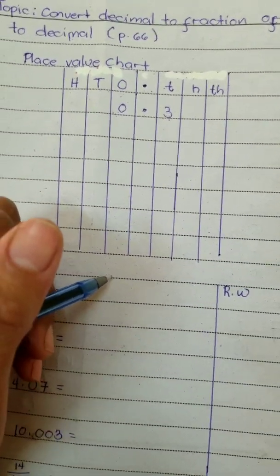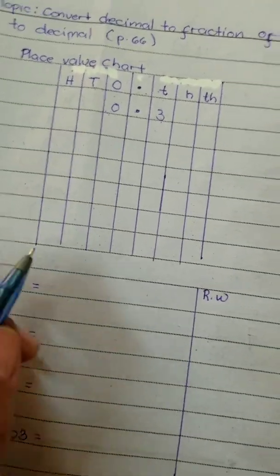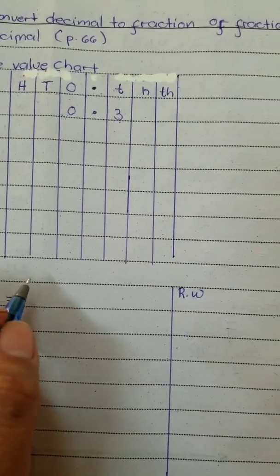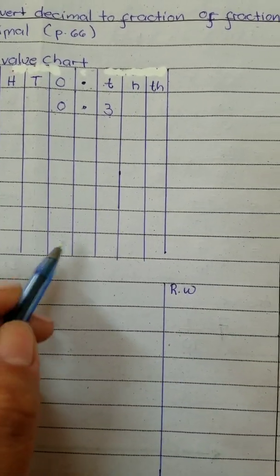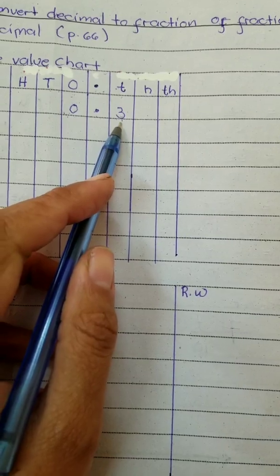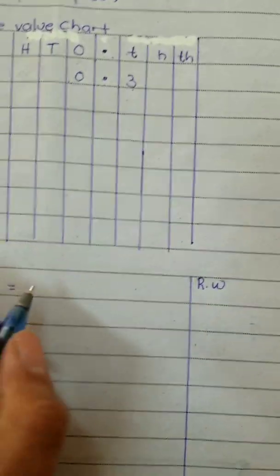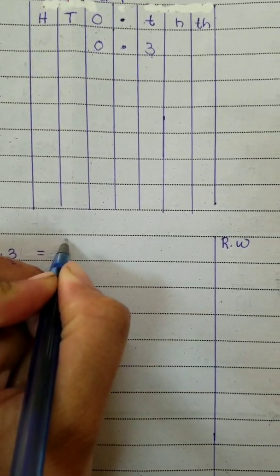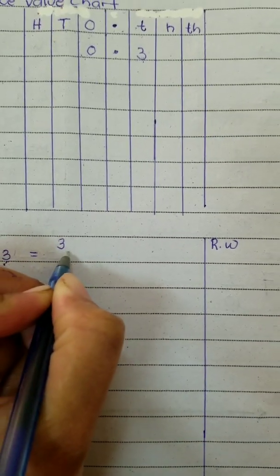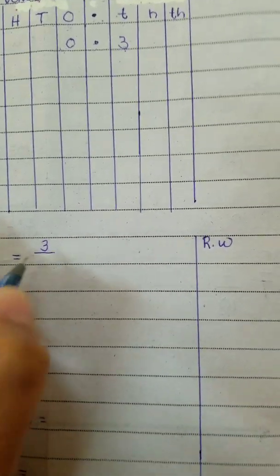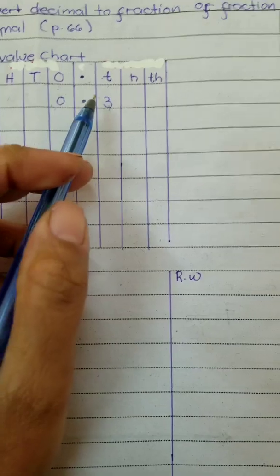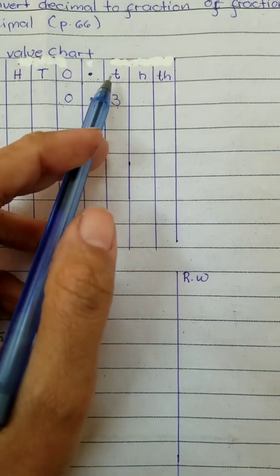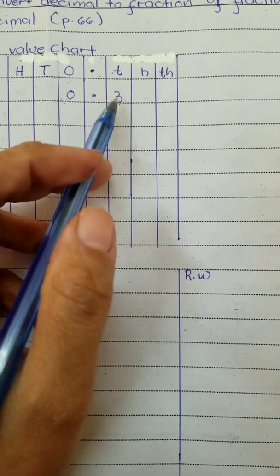Now, to write this into a fraction, we simply write in the numerator the number in the decimal part, which is 3. And then in the denominator, we write the place value of the last digit.